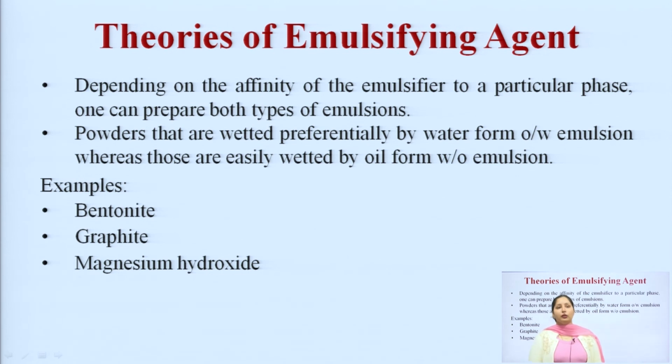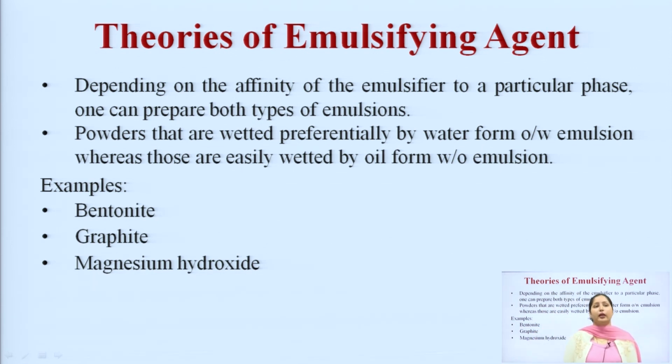Then depending on the affinity of the emulsifier to a particular phase, one can prepare both types of emulsion. So, depending upon the nature of the emulsifying agent, we can prepare either a water in oil or an oil in water type of emulsion.